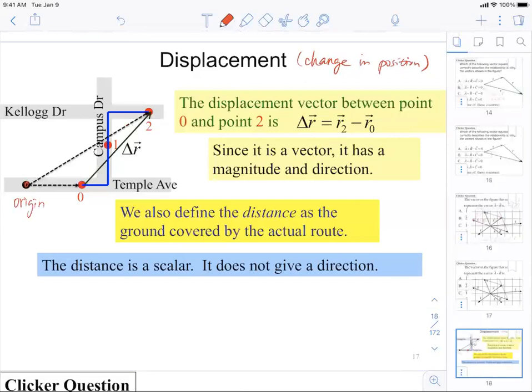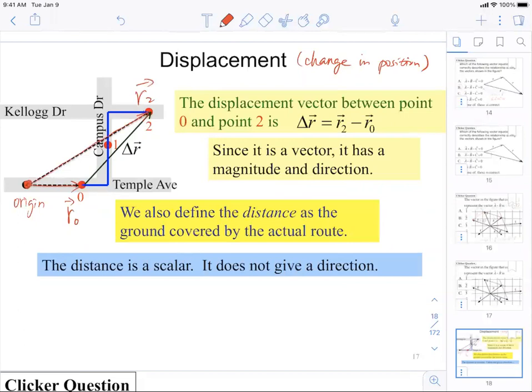At point 0, you have a position, which is simply the vector pointing from the origin to 0. Now you keep driving, pass point 1, and end up at point 2. The position at 2 is a vector from the origin to 2.